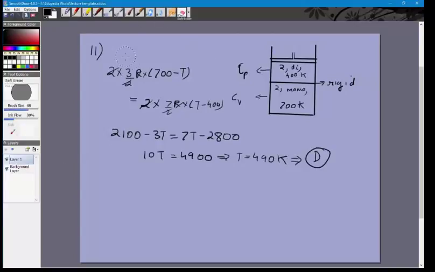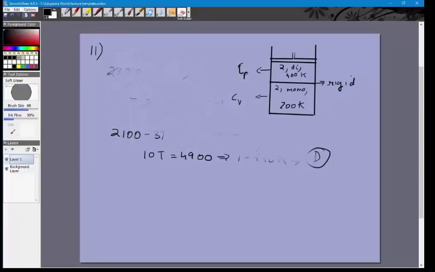Now for the 11th question, I'll rub this. In the 12th question, the difference is that now the partitions are free to move without any friction, right? So in this case, both of them will follow an isobaric process. The upper part will follow an isobaric process, and because its pressure will be constant, the lower part's pressure will be adjusted such that it also follows an isobaric process.